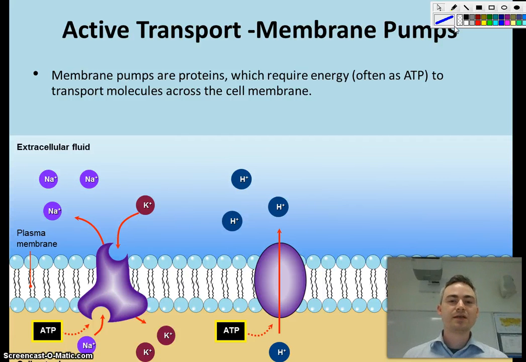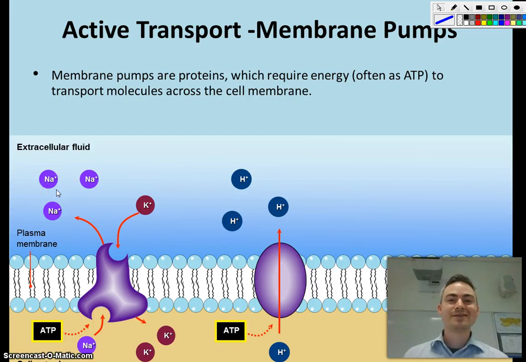As I said, these are sometimes referred to as membrane pumps. The analogy of the pump is that it uses energy to transport something.